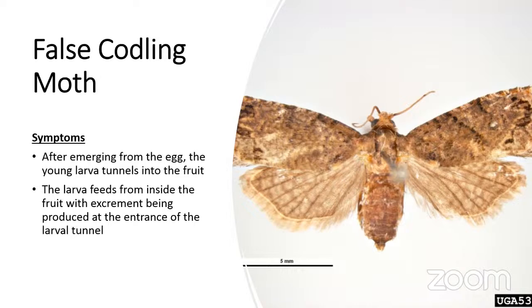And when you look at it, it will give you a distinct star-shaped mark. But for the false codling moth, once it burrows into the fruit, it will start feeding and excreting and bringing the excrement outside, and it will be more like a crater. In the middle, there will be a hole which is surrounded by this excrement.